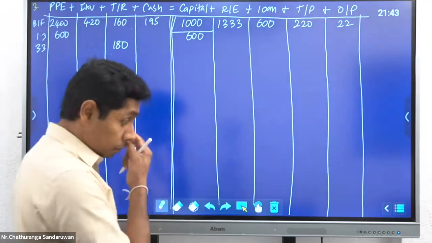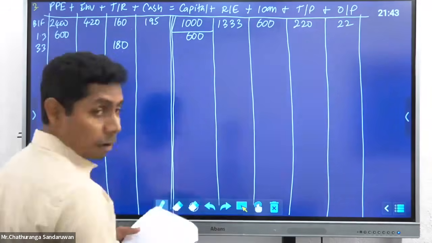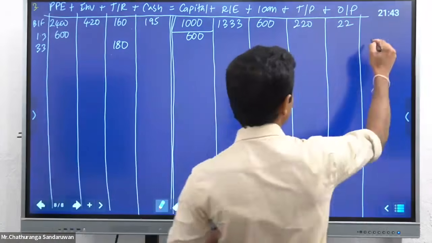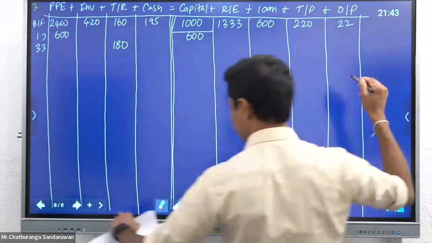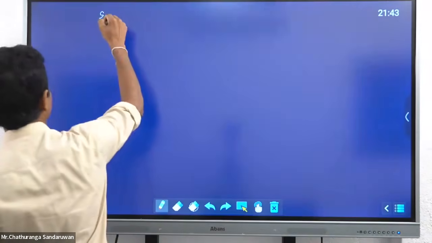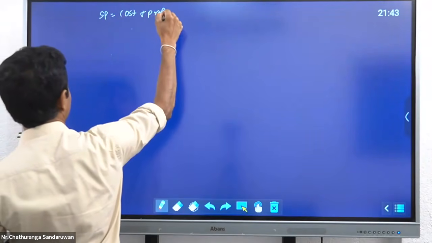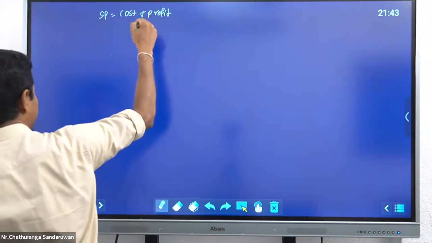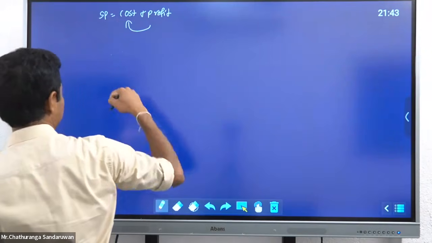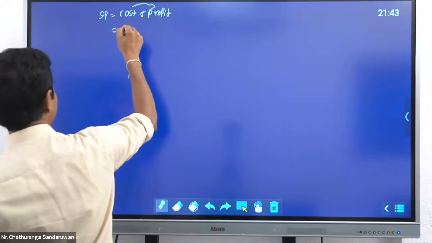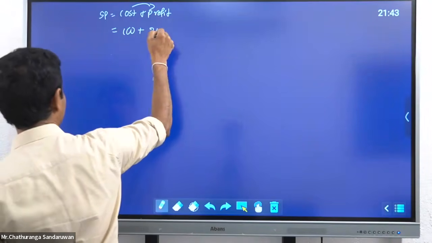Make these corrections. So we have to find the cost, right? So how to find? Selling price is equal to cost plus profit. So if the markup is given, we determine the profit based on the cost. Therefore, cost is 100, profit is 20.